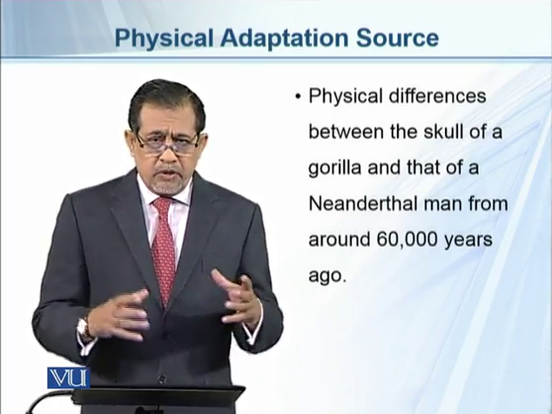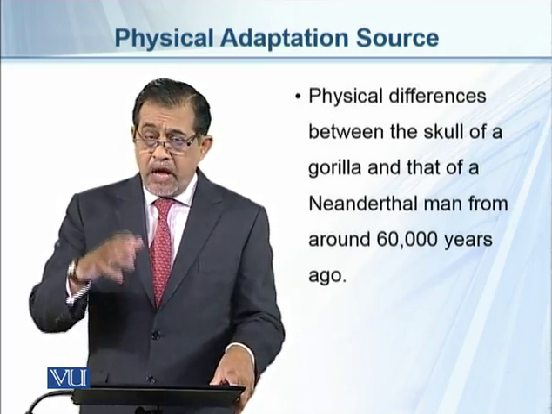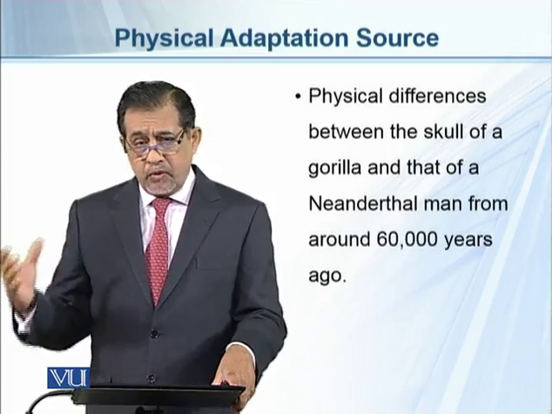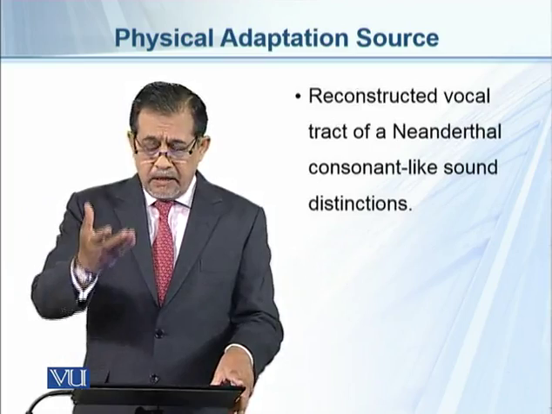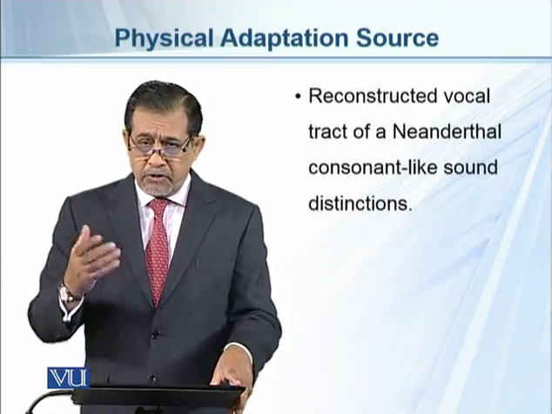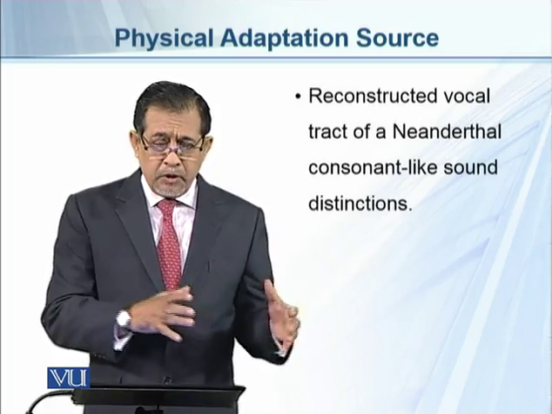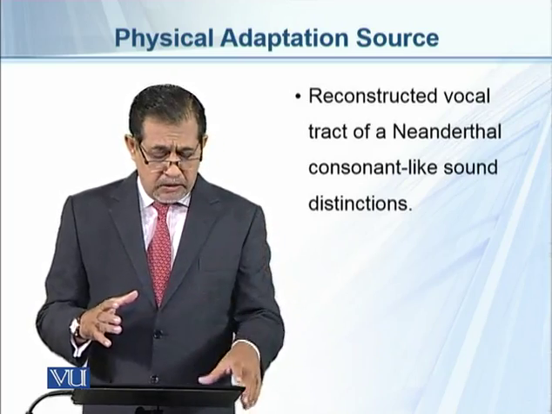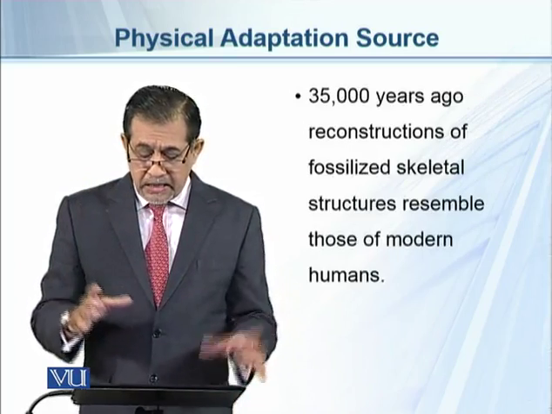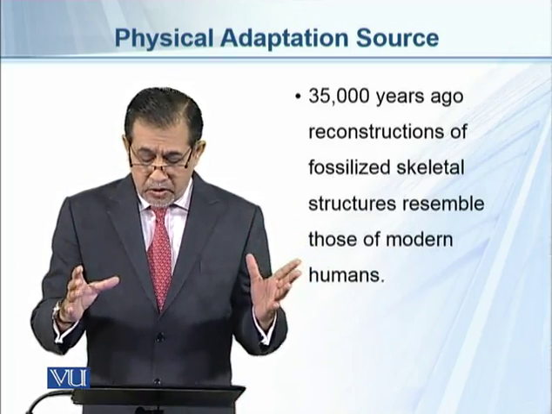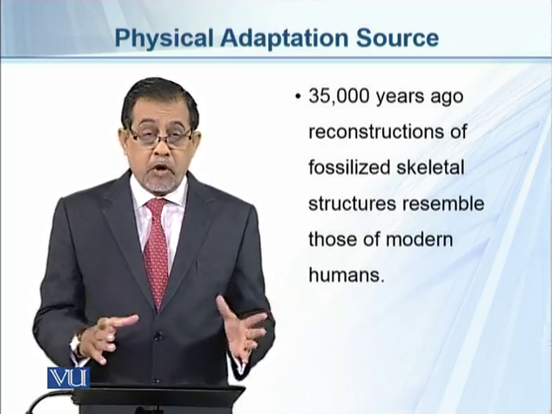However, when we come to an earlier time, let's say 35,000 years ago, we find that we are able to reconstruct language into the fossilized skeleton structure resembling those of modern man.